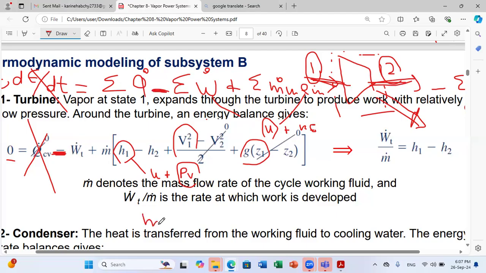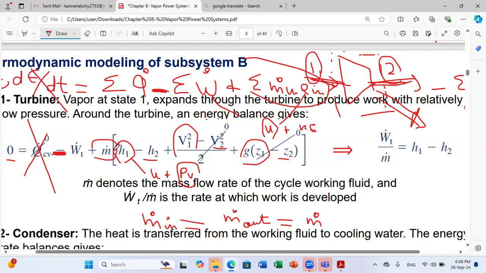So m dot in equals m dot out equals m dot, and we can take m dot as a common factor: h1 plus v1 square over 2 plus g z1, minus, for the exit, the energy flow getting out, h2 plus v2 square over 2 plus g z2.